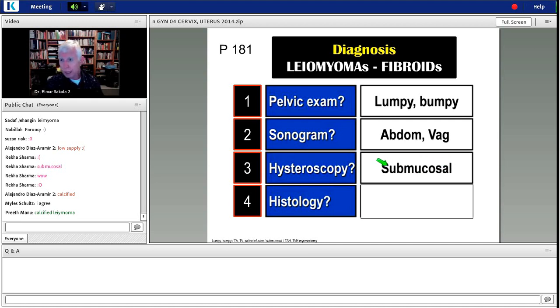And we're going to do that probably after the break, and we're going to look at some of the video clips. The diagnosis is based on histology ultimately, and this would be if you do a total abdominal hysterectomy, a total vaginal hysterectomy, or a myomectomy, but most of the time it's a clinical diagnosis made by exam and by looking at an imaging study, and you don't need histology.